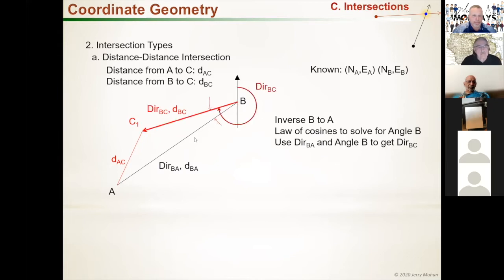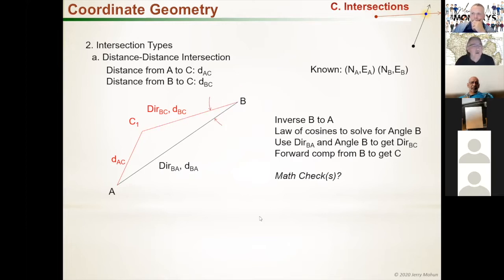I've got this direction. I can add, in this case here, I can add that angle to this direction to get the direction of this line. Now I can do a forward calculation using latitudes and departures to get from B to C. My math check would be to compute the angle down here.